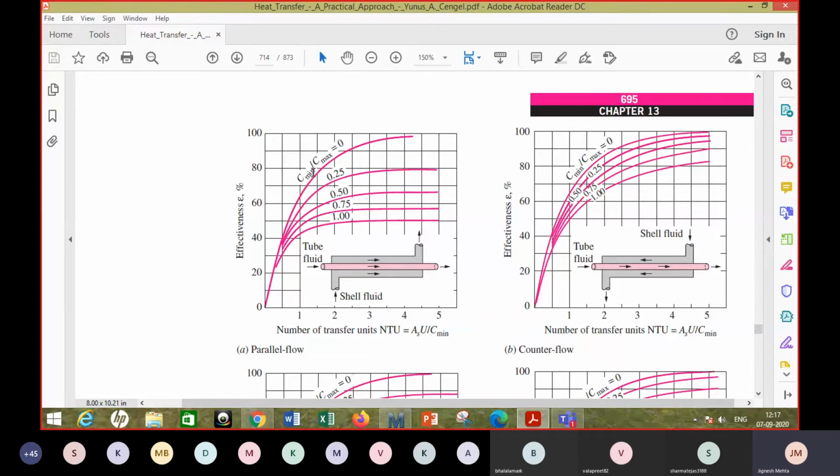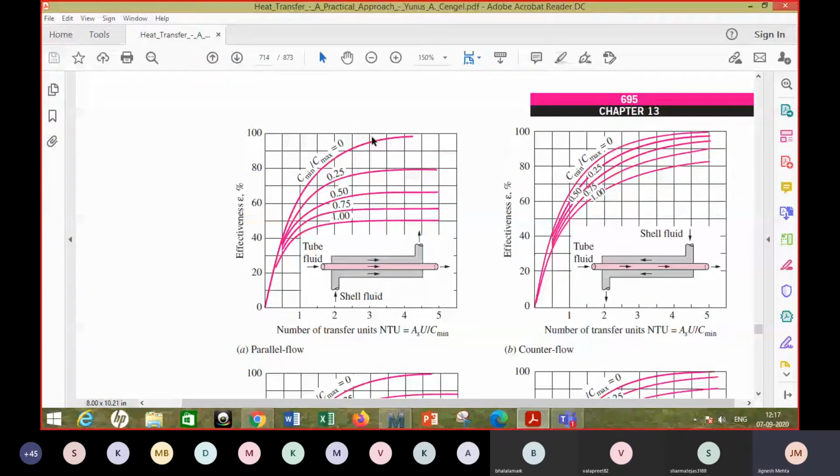And this is C minimum upon C maximum, or CR. For different values of CR, you have different plots. When this CR is equal to 0, this is the plot which generally gives you the highest value of effectiveness for a given value of NTU.